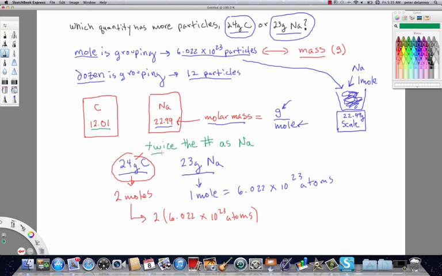So there's twice the number of carbon as sodium. That's the answer to the question. More importantly is whether or not you understand molar mass so that you can apply it to problems like this.